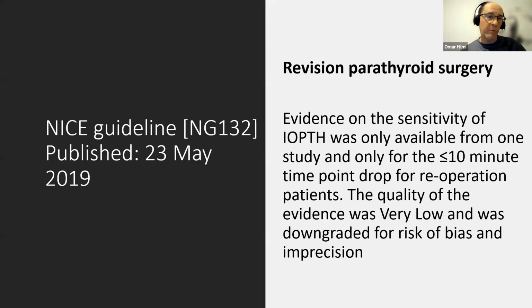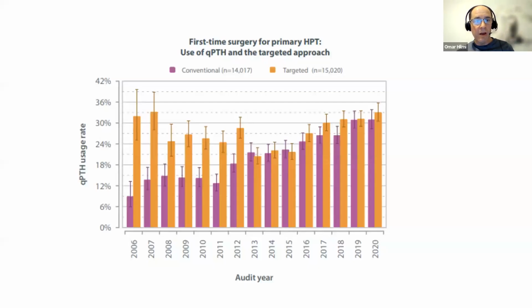Now, you would have thought that that would have put us off using this technology in the UK. But actually, increasingly people are using IOPTH or QPTH, depending on what you want to call it, for both targeted and also conventional parathyroid surgery. Here we're seeing rates of 30% in 2020.